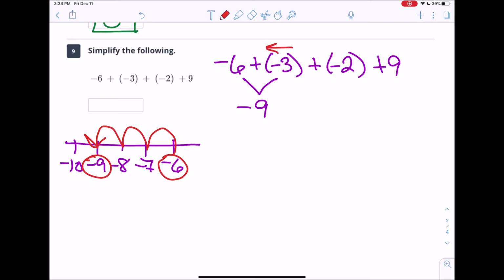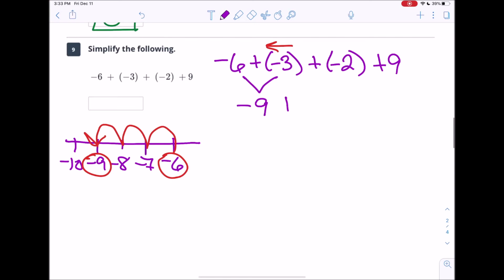All right, now that we have that part done, we're going to go ahead and bring down that -2, okay? And we're going to add these two together now. And once again, we have 9 negatives. We're adding 2 more negatives.